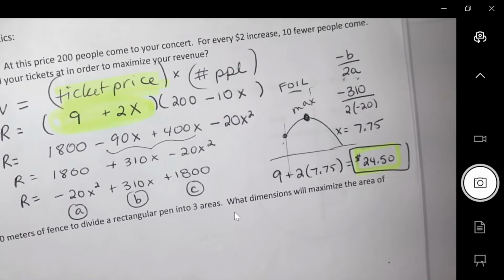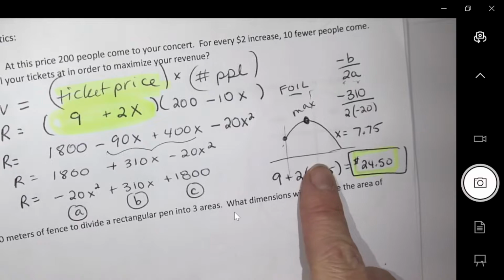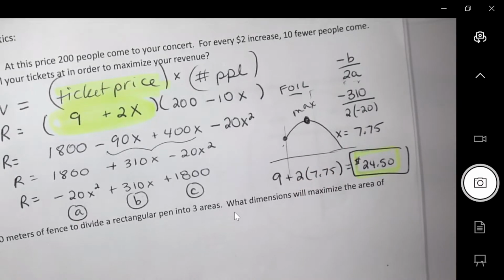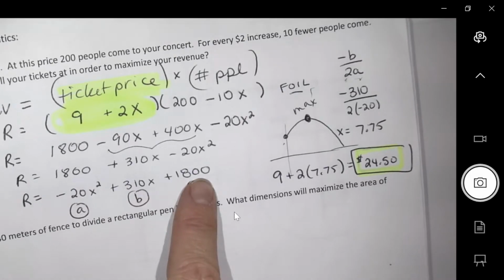Okay, so on that question, once you get that X value, understand where to plug it in. If I say, what's the highest revenue you're going to make, where are you going to put that X value? You're going to put it into revenue.